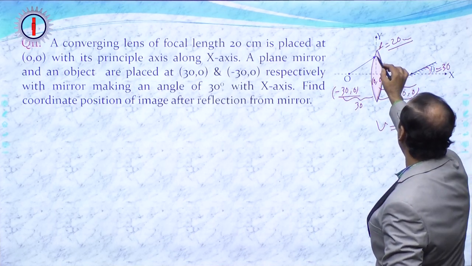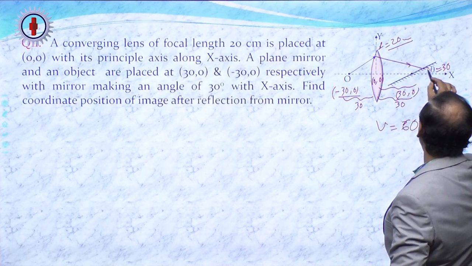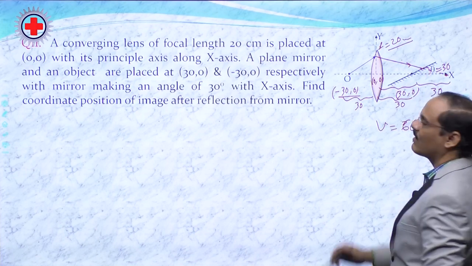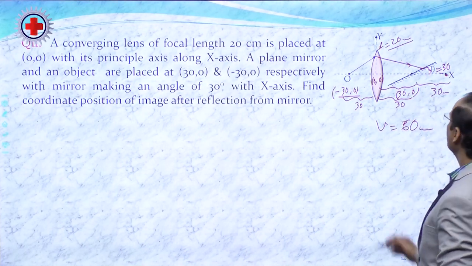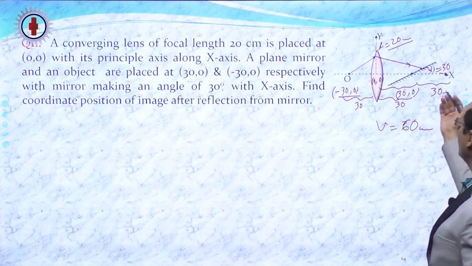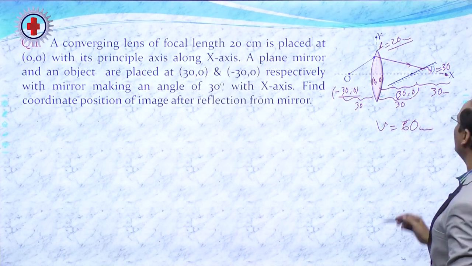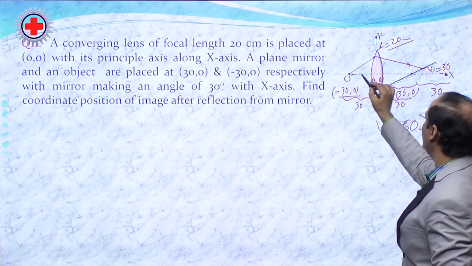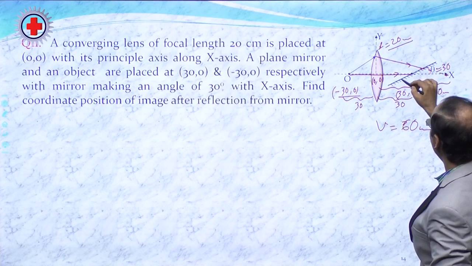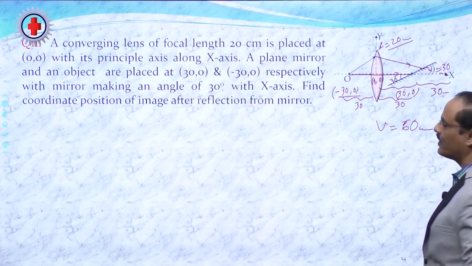So, these rays are supposed to meet 30 centimeter behind the inclined mirror. If these rays are meeting 30 centimeter behind at an angle of 30 degree, then if I take another ray along the principal axis, it is making an angle of 30 degree with the mirror.